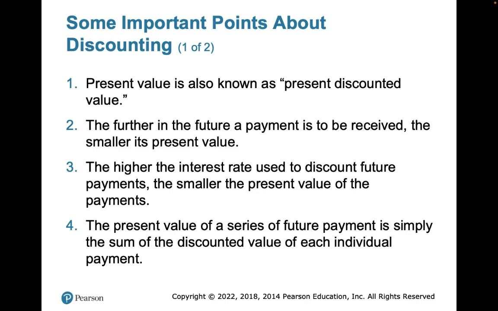It means the farther away it is, the smaller the present value now compared to the more years it takes to be received. Then, the higher the interest rate used to discount future payments, the smaller the present value of the payment. And the present value of a series of future payments is simply the sum of the discounted value of each individual payment.